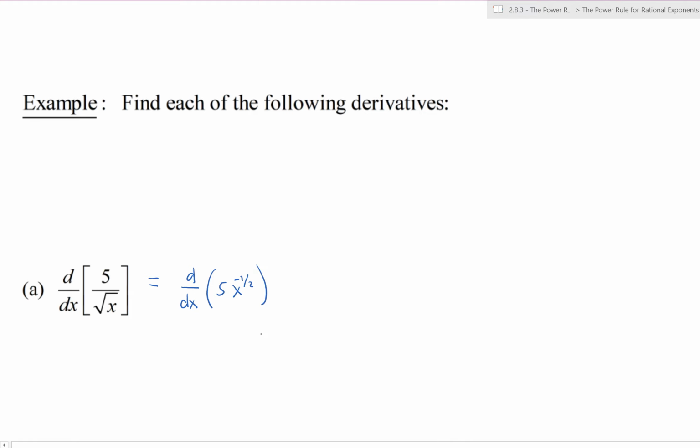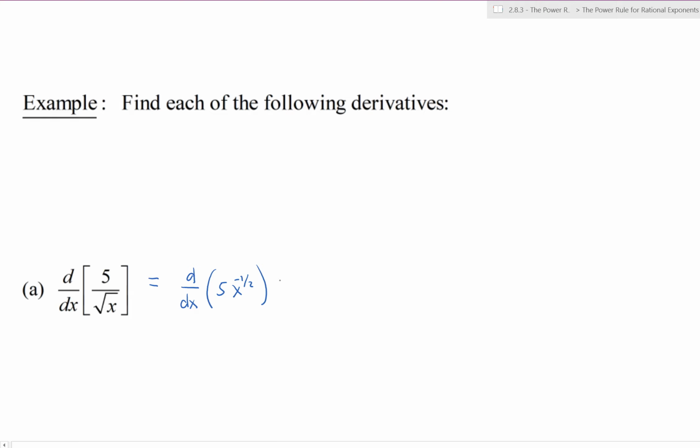Now, of course, you can use the quotient rule here, but if you can avoid the quotient rule, things are more efficiently done, usually. Notice I have a situation, 5 times x to the negative 1/2, that's the function I'm differentiating. It's a power function with the power being a rational number.